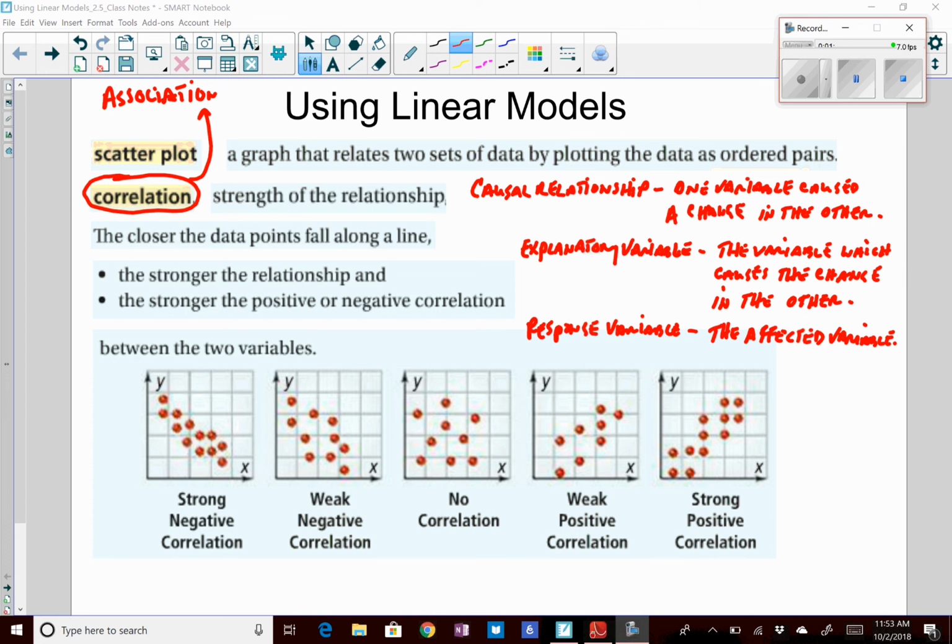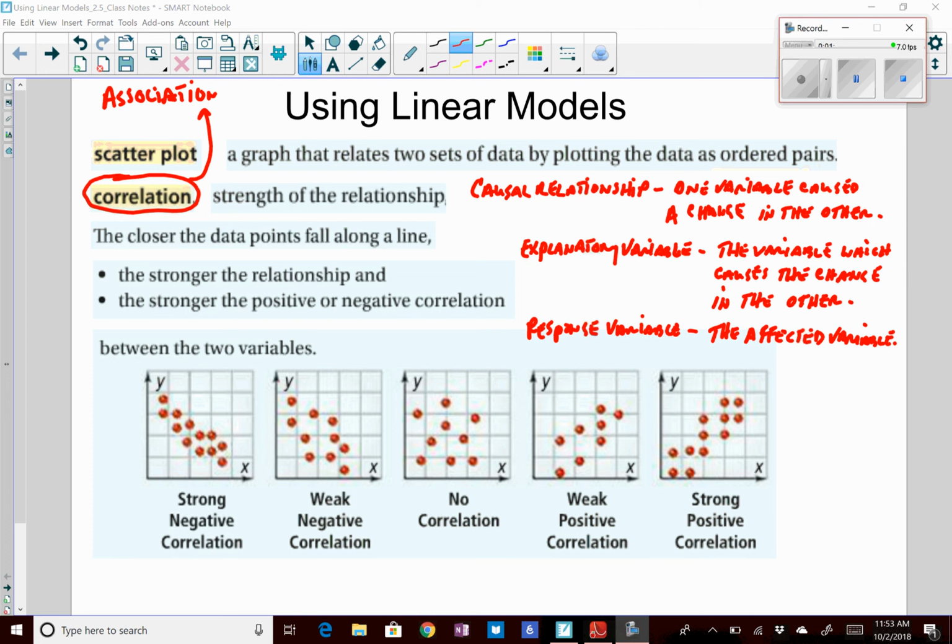Then you have the one in the middle that shows no correlation at all, and there you really can't make out whether the arrangement is moving up or down from left to right. They're pretty much scattered all over, so we don't see any kind of relationship between the X and the Y coordinates. The next one over shows a positive correlation because the pattern is moving up from left to right.